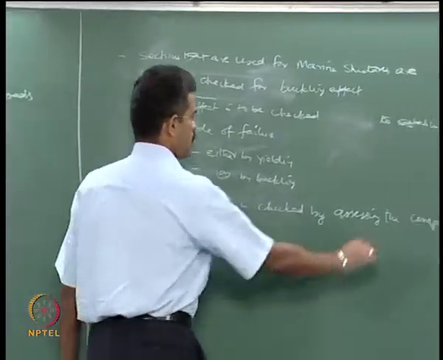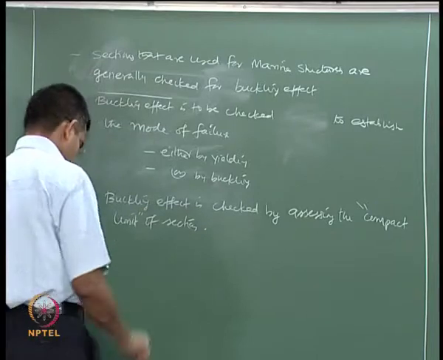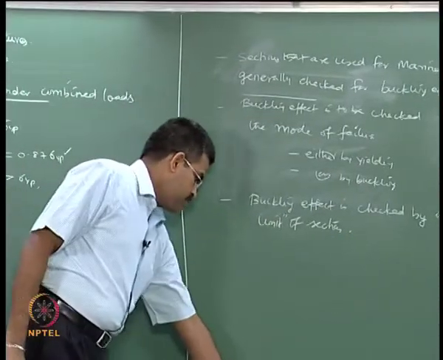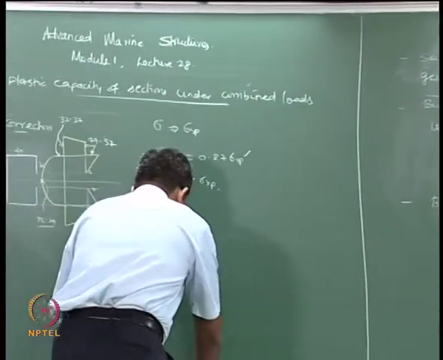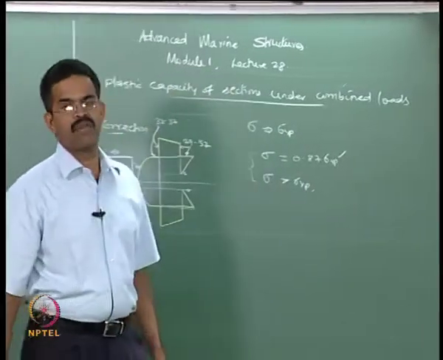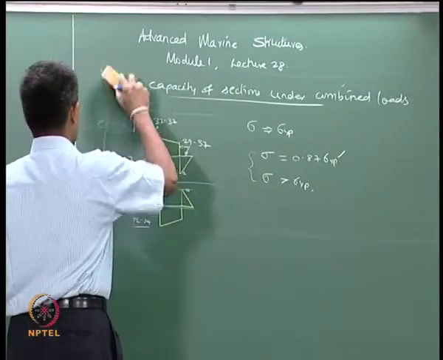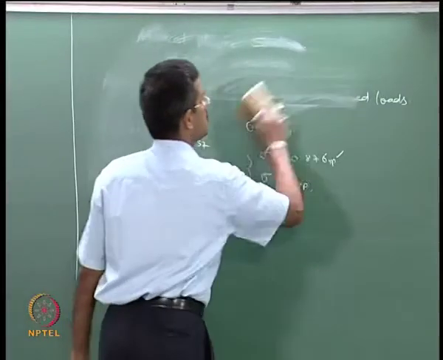So there is a new term called compact limit. For a given section, if all the members are compact enough, then the buckling effect will not be predominantly acting in this section.